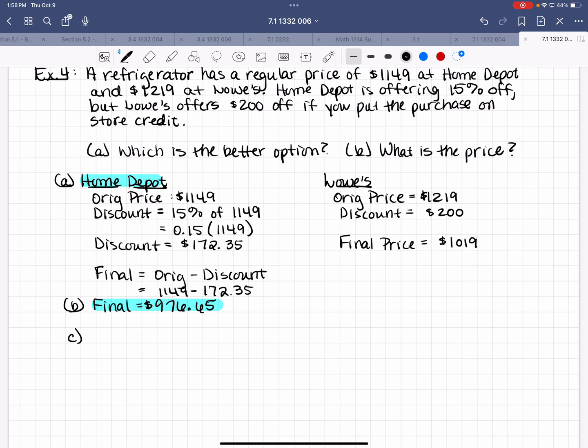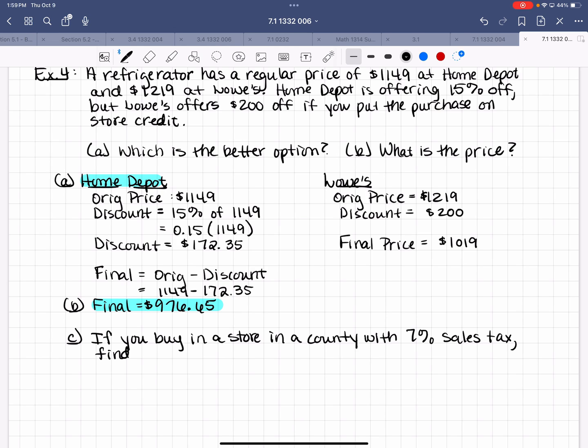C now asks, if you buy in a store in a county, so we know we're not in Louisiana because Louisiana has parishes, with 7% sales tax, find the total cost including tax.